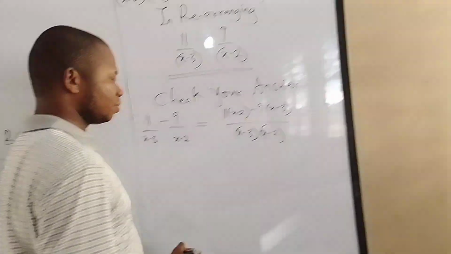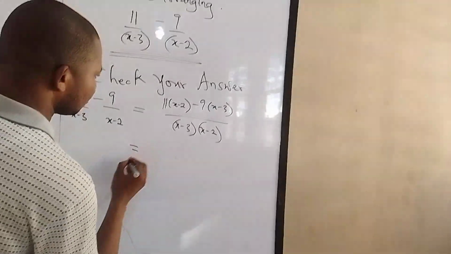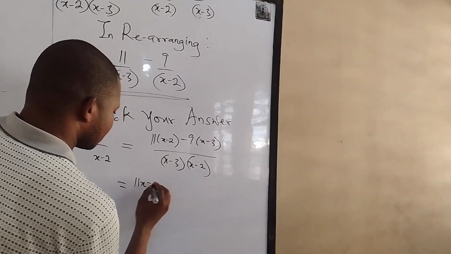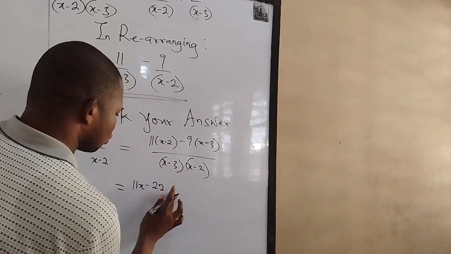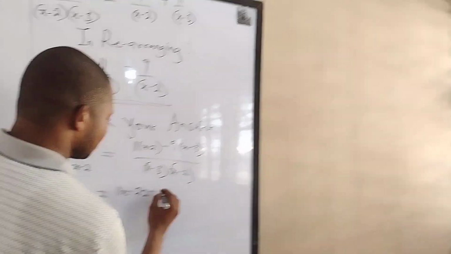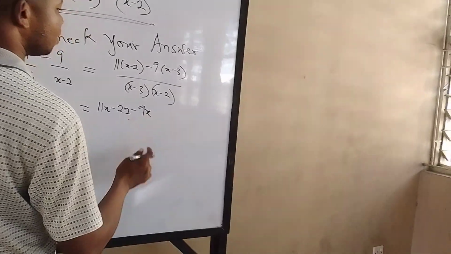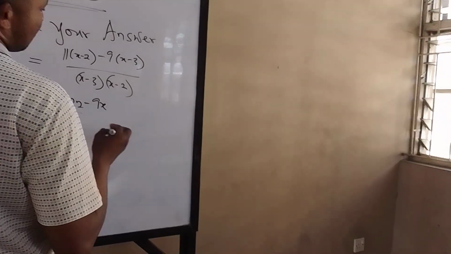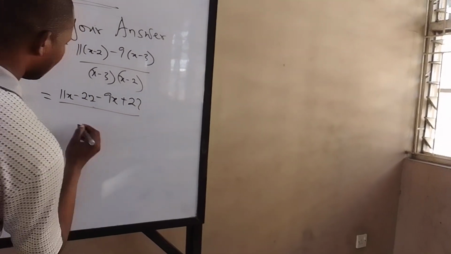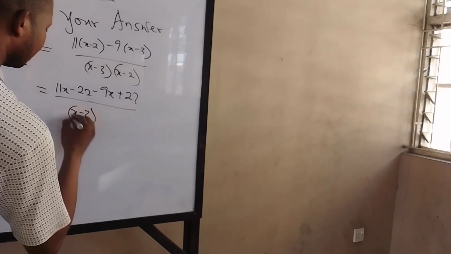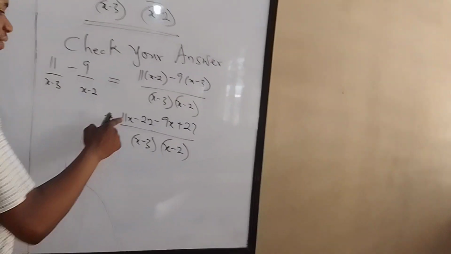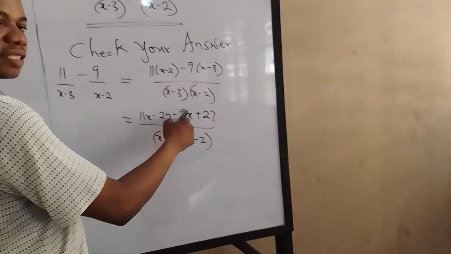Very simple. So at the end of the day, we have 11 times x, 11x. 11 times minus 2 gives us minus 22. Then we have minus 9 times x gives us minus 9x. Minus 9 times minus 3 will give us plus 27. Then all over x minus 3 into x minus 2. So we have 11x minus 9x.